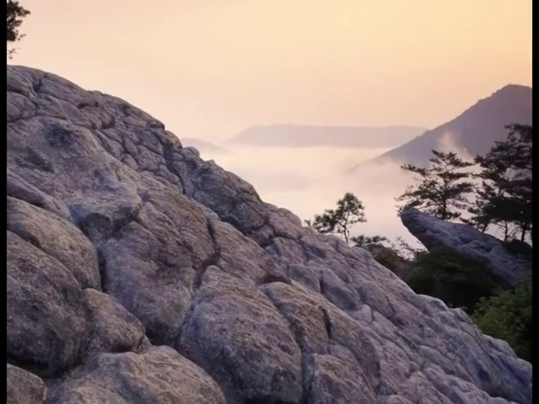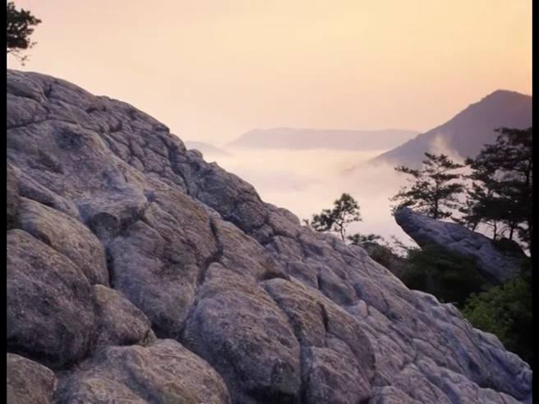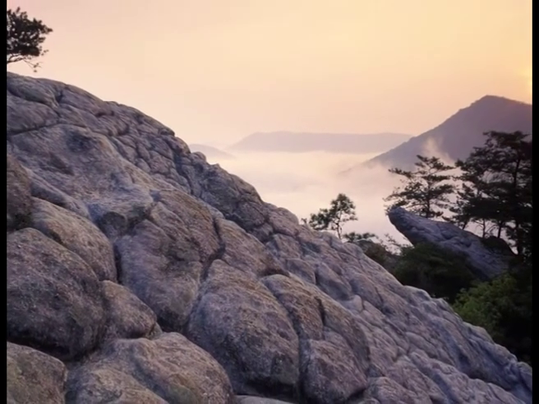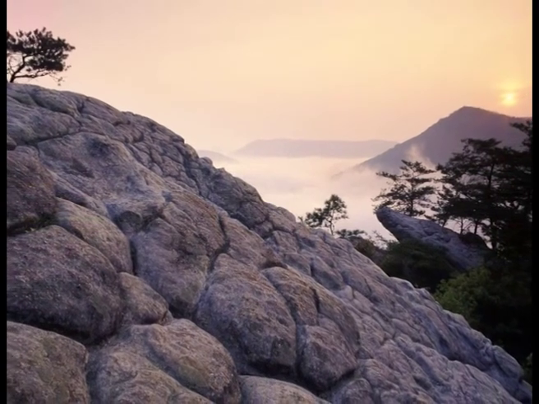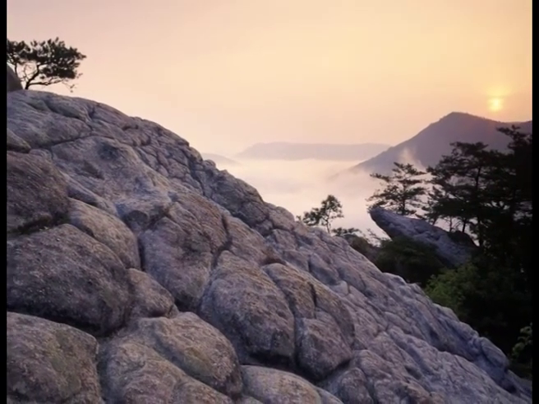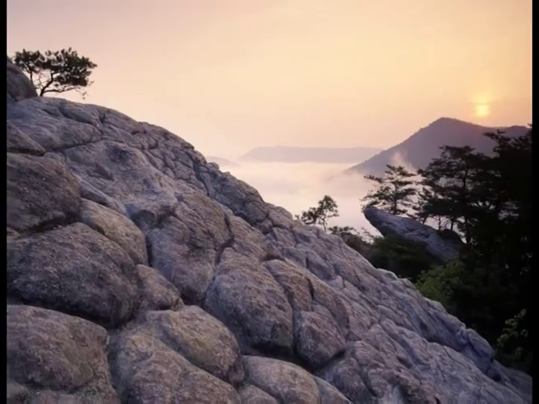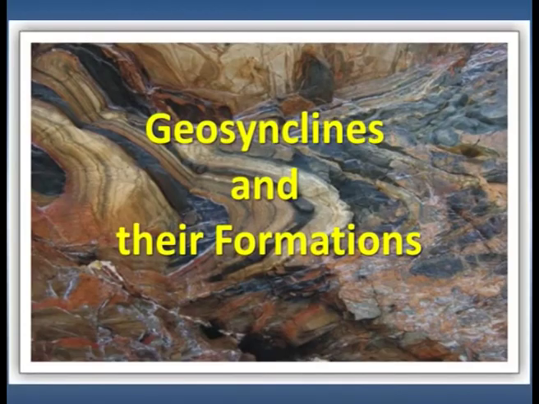This is seen in the sedimentary rocks of the Appalachian Mountains, which formed in a huge geosyncline that stretches from the Gulf states in the northeast through parts of New England. Today, the greatest thickness of sediment deposits is found here, in geosynclines and their formations.